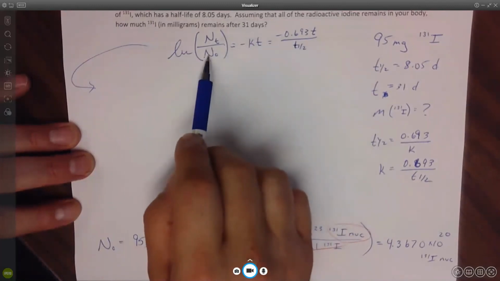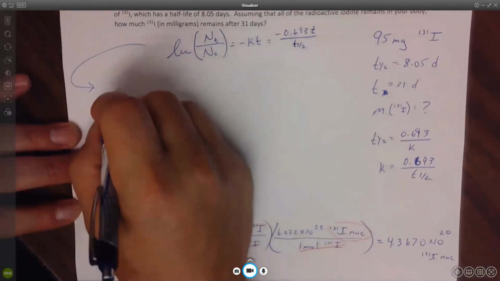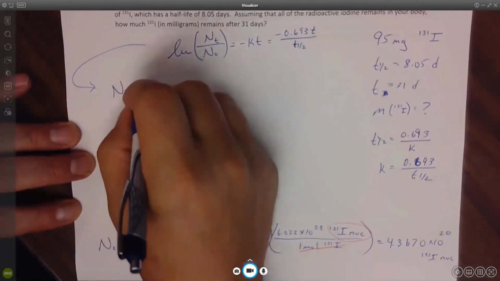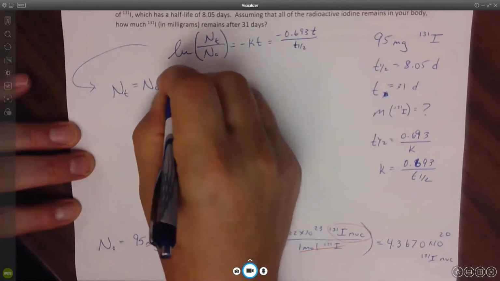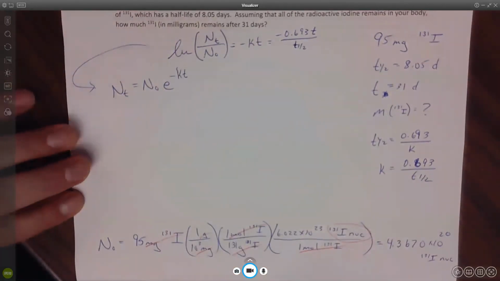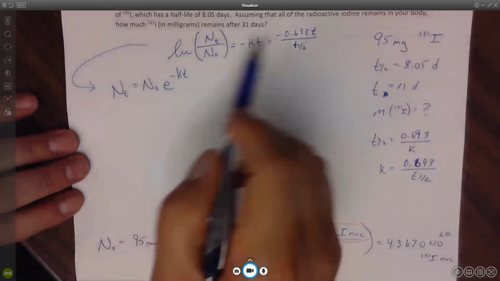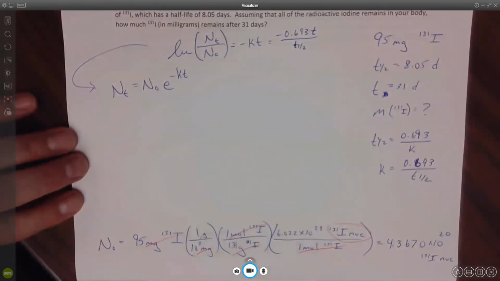Then I'm simply going to multiply both sides. So N of t is equal to N naught e to the negative kt. And again, if you aren't comfortable with doing that, you can just fill in the blanks and then solve it however you want. But I like doing this because I can plug in one thing into my calculator.